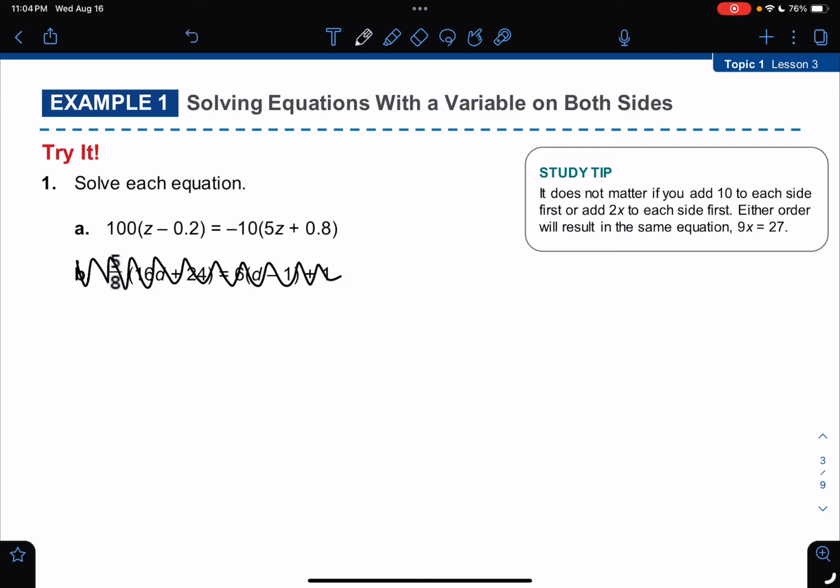And this study tip should actually just say it doesn't matter what order you use. So just kind of ignore that. Order doesn't matter when you're solving an equation as long as you keep the equation balanced.